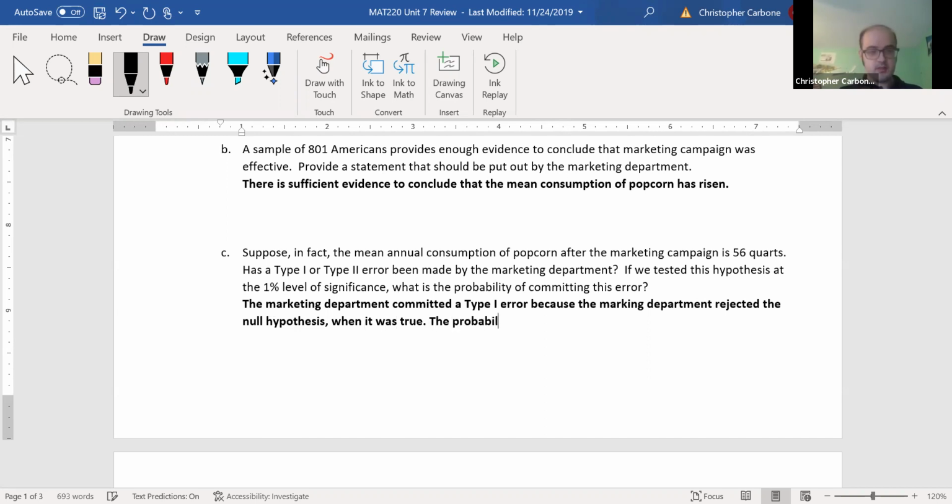The probability of making a type 1 error is that level of significance, which was 1%, so as a decimal, that is 0.01.